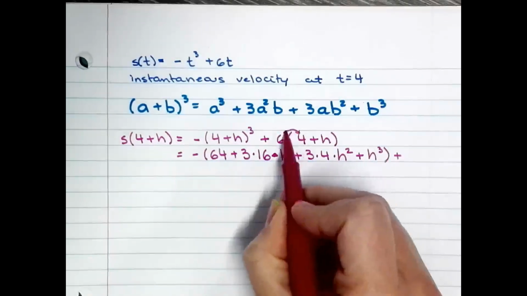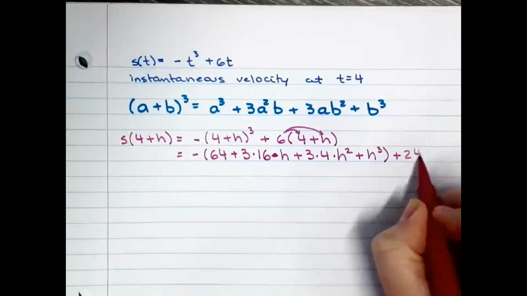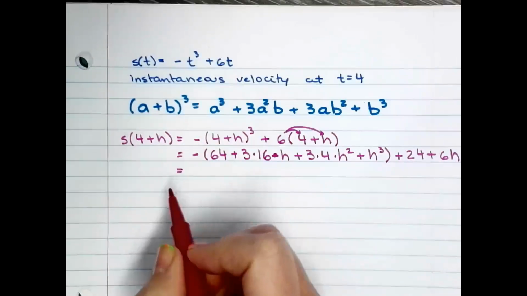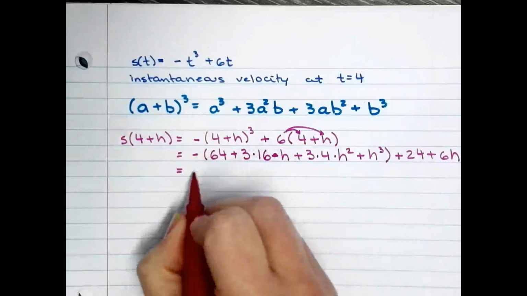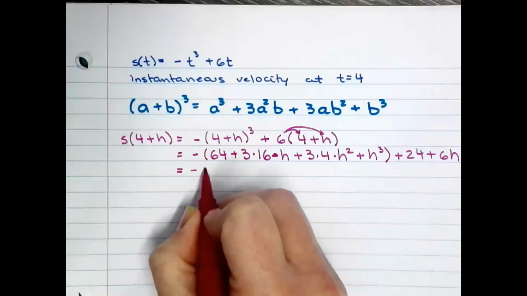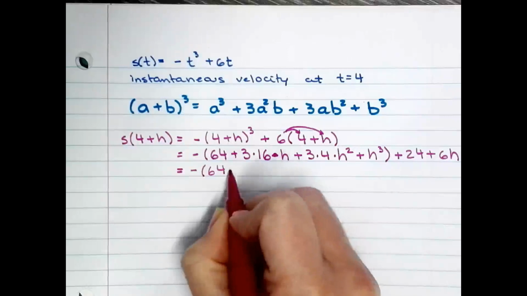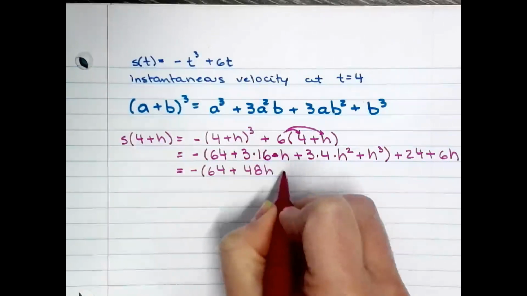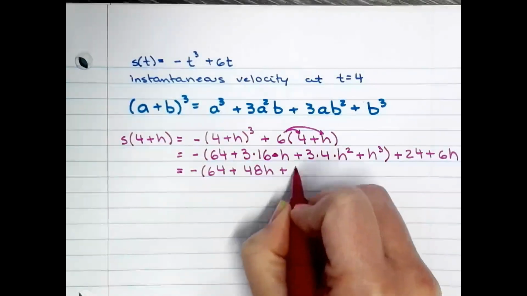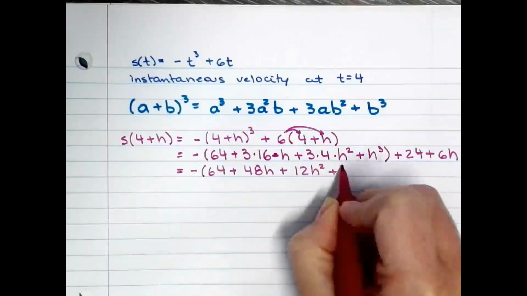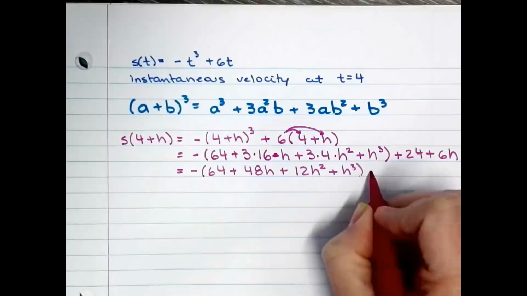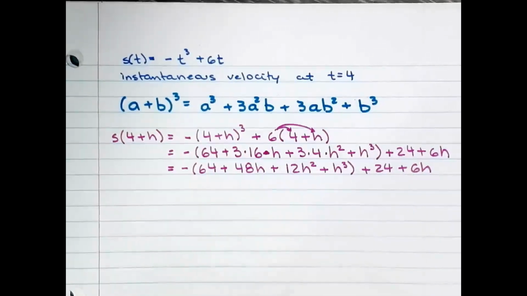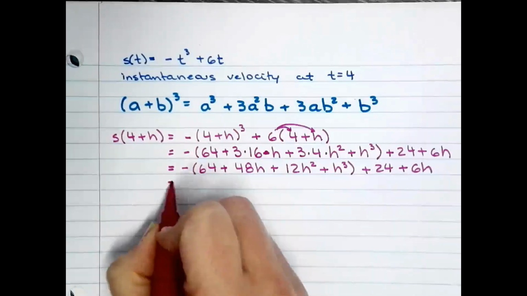And then you distribute 6. Okay. So I have 48h, 12h squared. Distribute this negative right here.